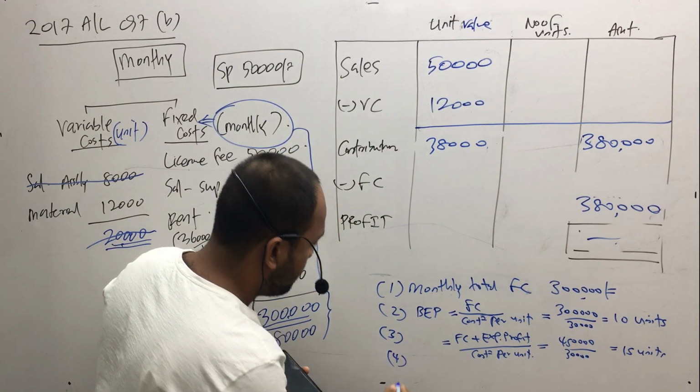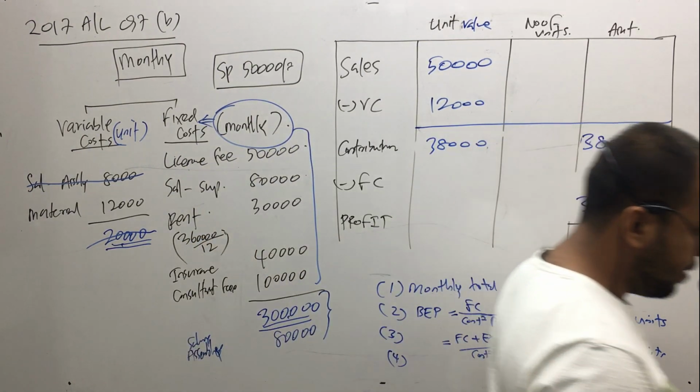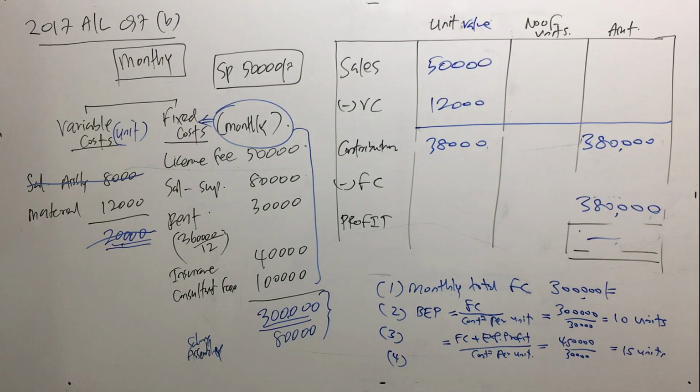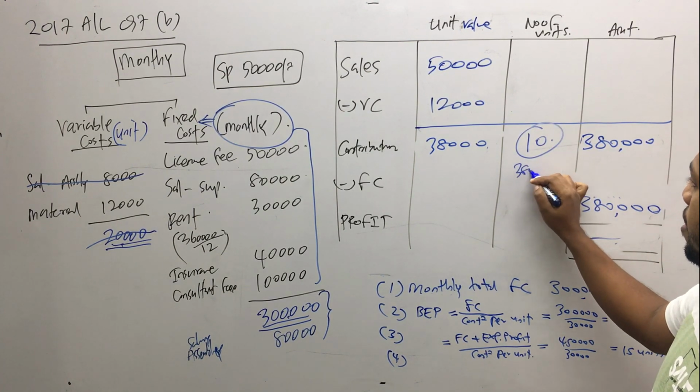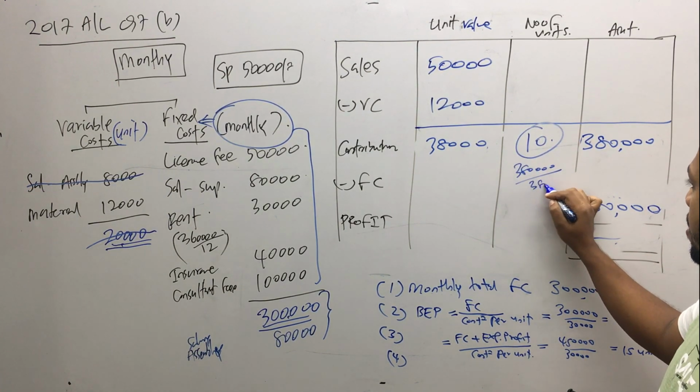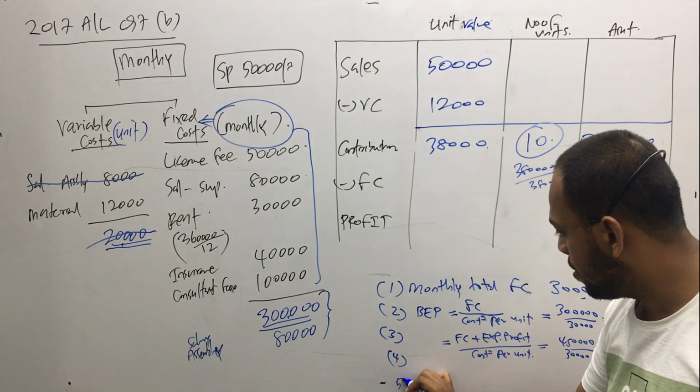So number 4, let's calculate the answer. 380,000 divided by 38,000, it's 10 units.